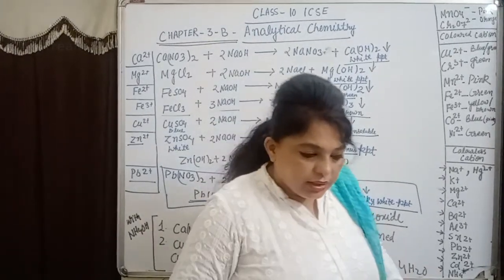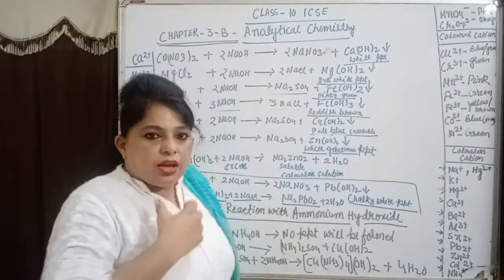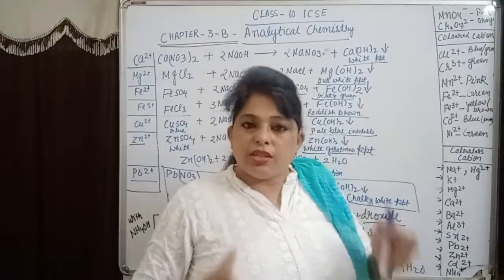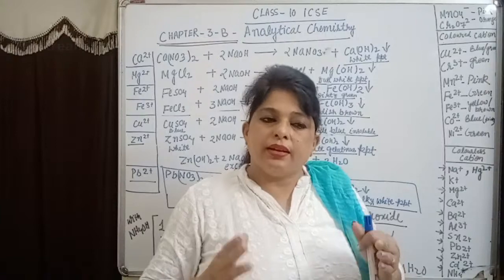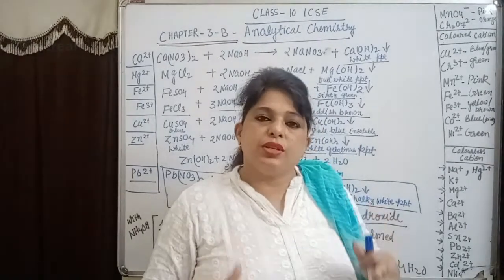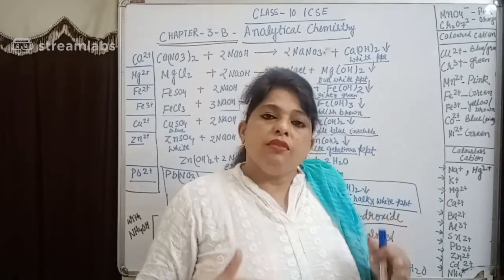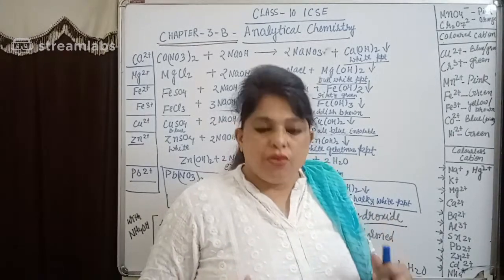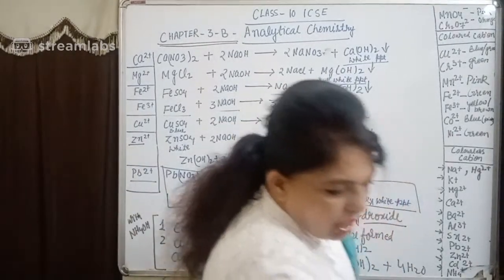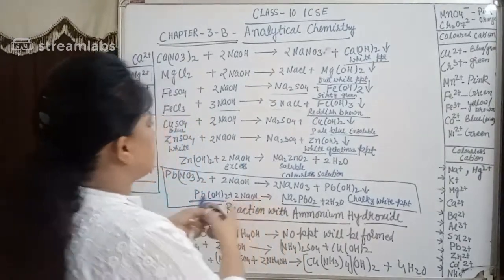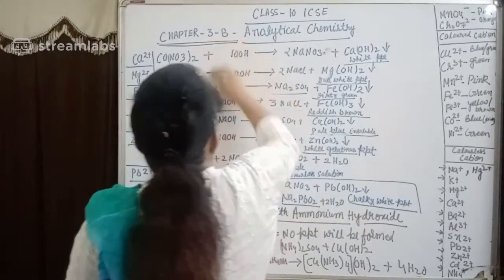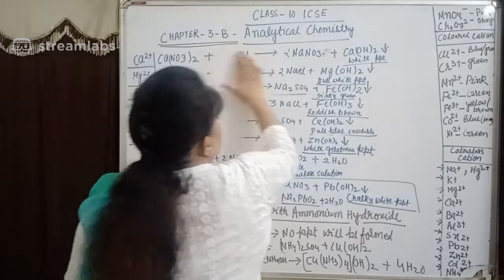Understood, Kritika? Okay, now we are going to do these same reactions with the same salts, but this time instead of sodium hydroxide we will use ammonium hydroxide. So let's discuss the same reaction with ammonium hydroxide. I am going to remove these.